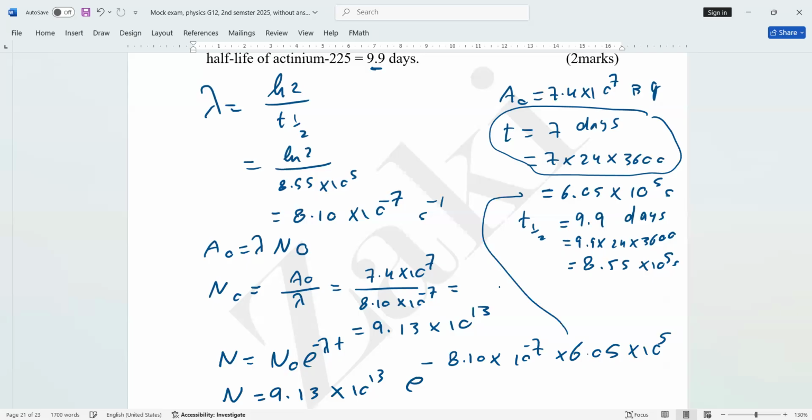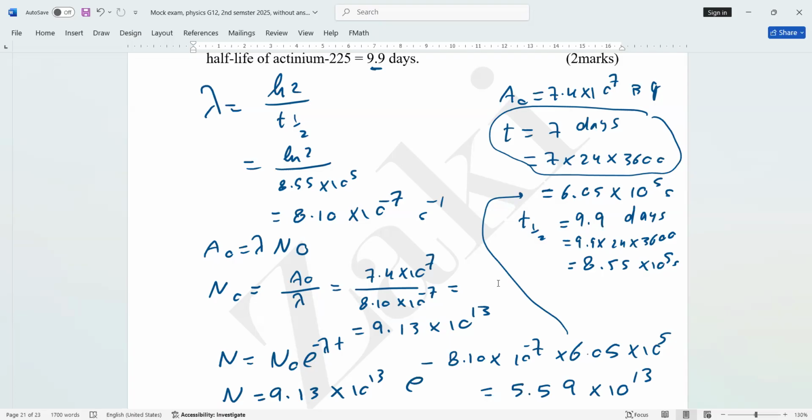Now we calculate this: 9.13 multiply shift ln negative 8.10 multiply 10 to the power of negative 7 multiply 6.05 multiply 10 to the power of 5, press equal. So the answer is 5.59 multiply 10 to the power 13 nuclei.